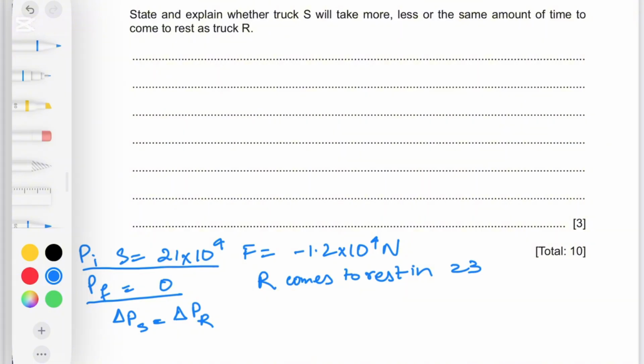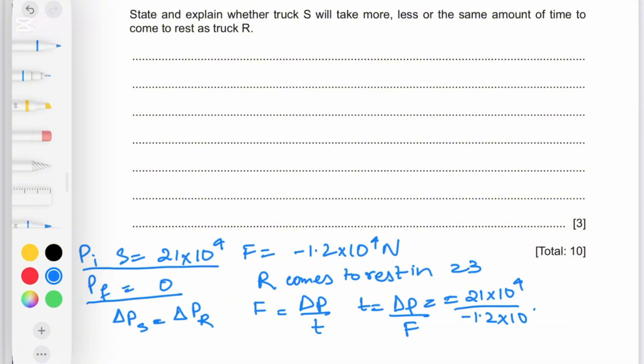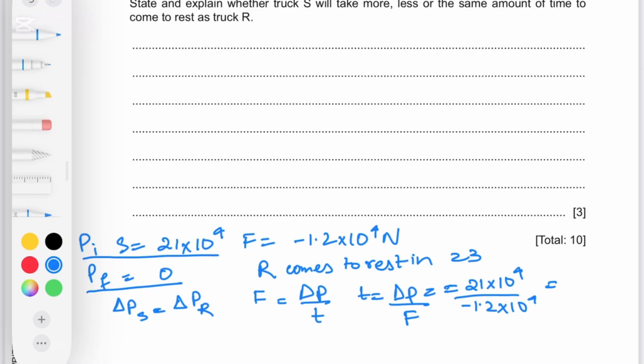But we don't know that for S. We can find that using the formula where the resultant force is equal to change in momentum divided by the time taken. You rearrange that and divide the change in momentum by the resultant force. The change in momentum, as we said, both of them have the same value, which is 21 times 10 raised to 4, and the resultant force, as mentioned in the question, is equal to negative 1.2 times 10 raised to 4, and this is equal to 17.5 seconds.